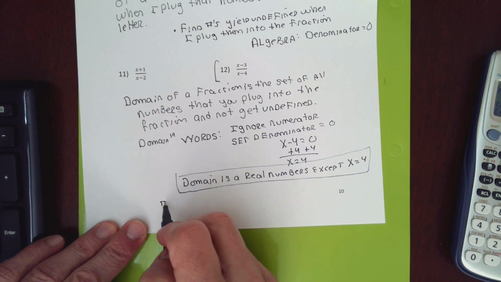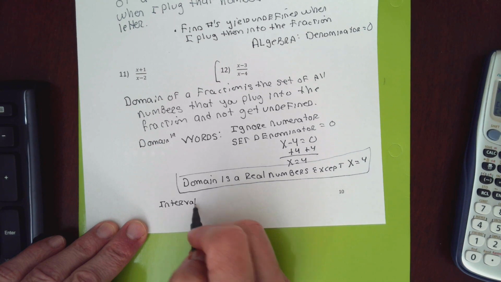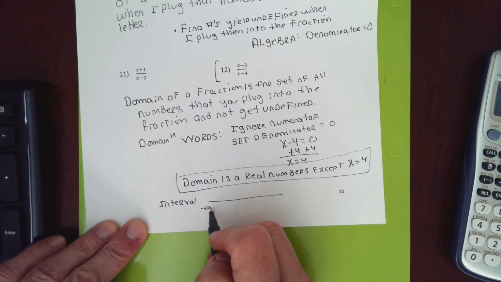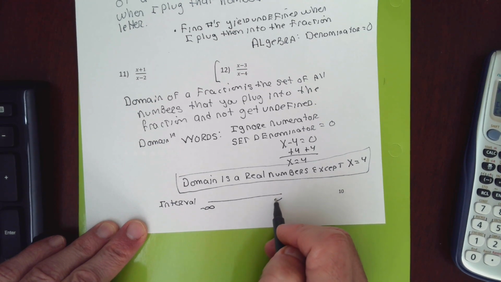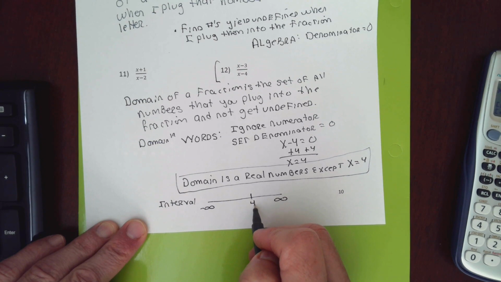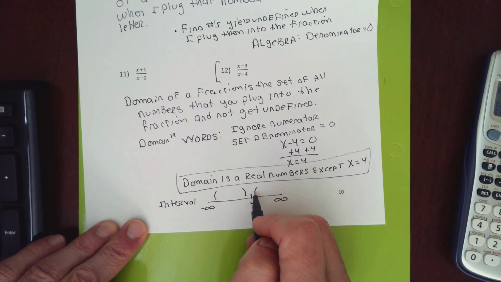To do the domain in interval notation, which is the next thing that's asked, I'm going to create a number line, put negative infinity on the far left edge, positive infinity on the far right edge, and any number that I'm excluding from the domain between the infinities, and then I start making round parentheses.